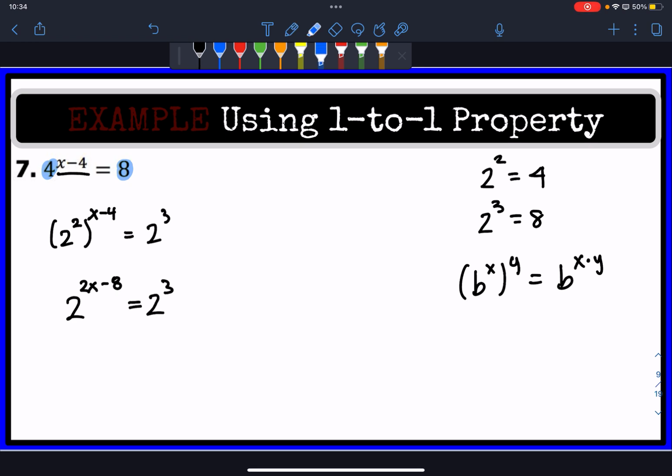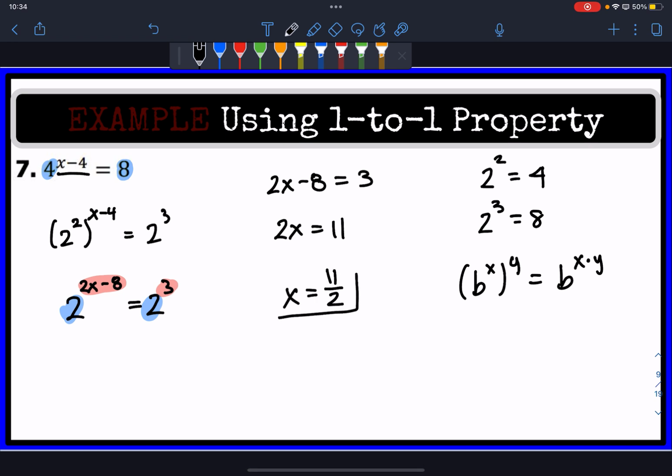And now the bases are the same. The exponents are equal to each other, and we end up with 2x minus 8 equals 3. We'll add the 8 to both sides, which is 11. Divide by 2. And it's 11 over 2. 11 divided by 2. 11 halves.